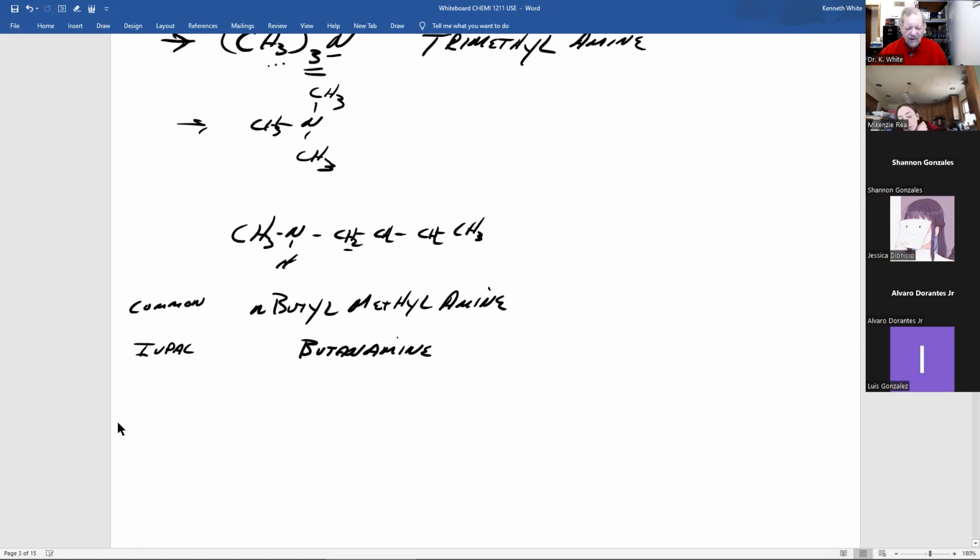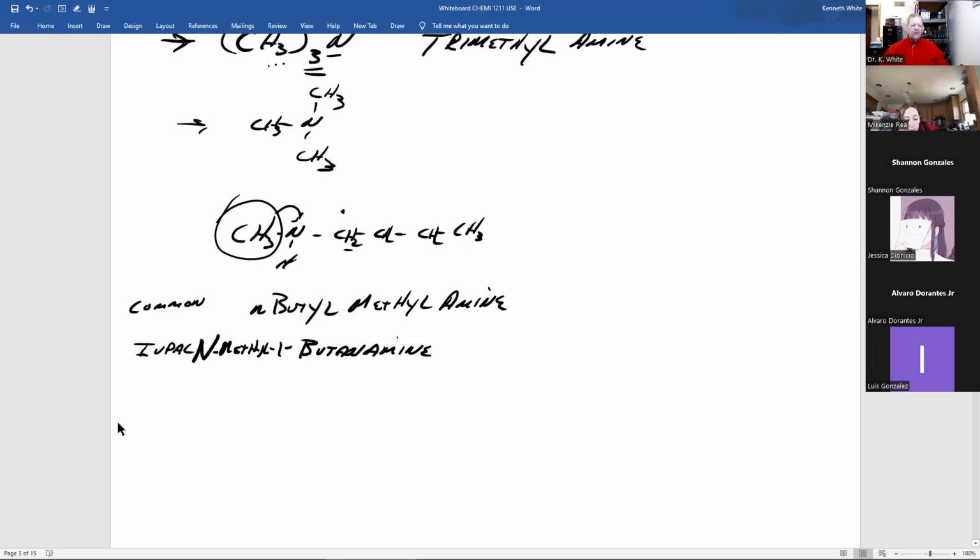Which carbon close to the end of the chain has the nitrogen? That would be 1. Now, notice this methyl group is on this nitrogen. If I had put methyl in front of there, you'd think it's on the butyl group. To tell someone it's on the nitrogen, we use the capital N, then the name of the alkyl group.